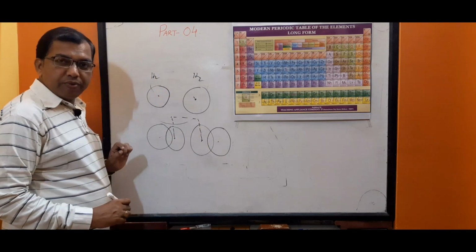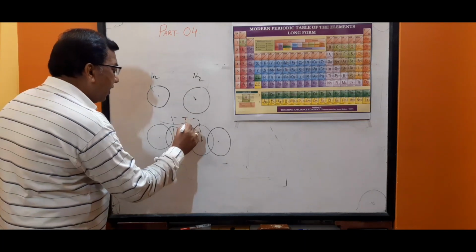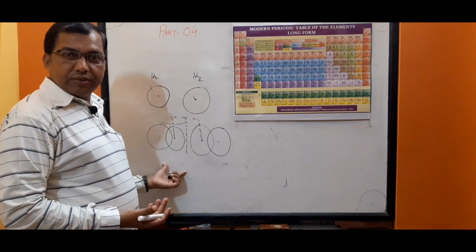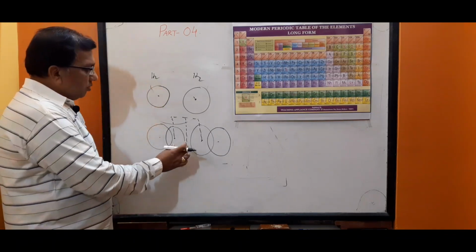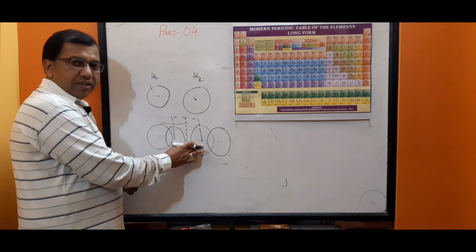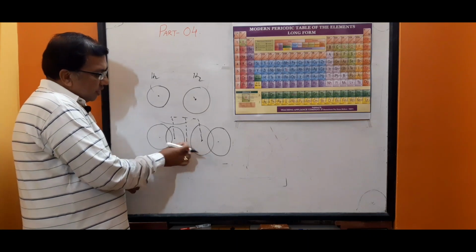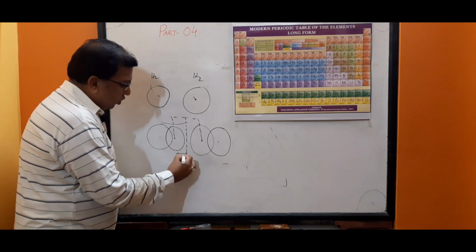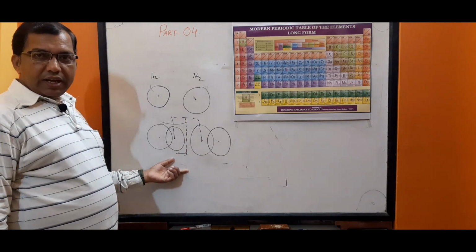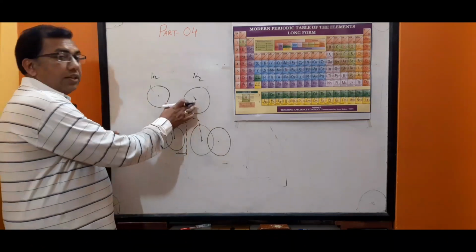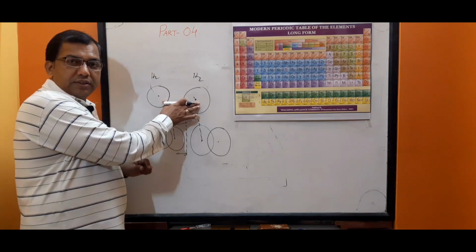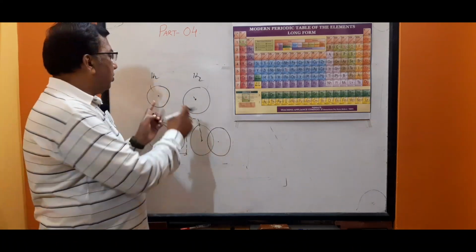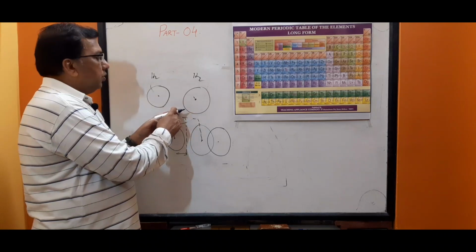The van der Waals radius is half of the total distance, d1 plus d2 by 2.